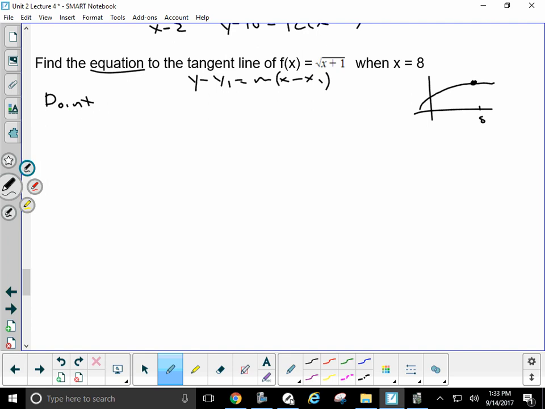I'm creating a tangent line right at 8. We are passing through this point on my tangent line. Okay? So, to find the point, we are using our function. And I will find f of 8 and give me that xy coordinate.